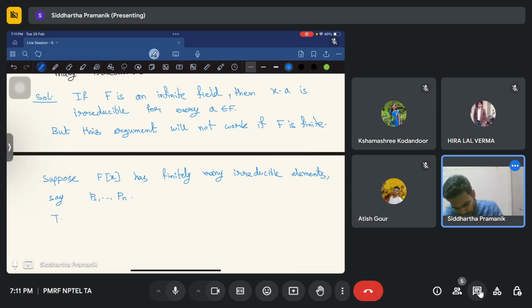Now take r equals to p1, p2 up to the product pn, plus 1. So this is also an element in the polynomial ring F[x], and F[x] is a UFD. So this r has an irreducible factorization.